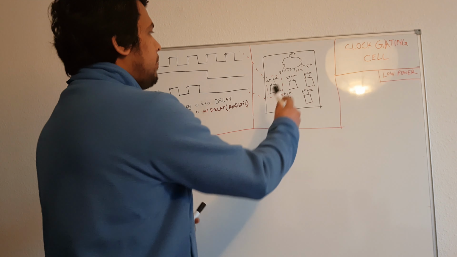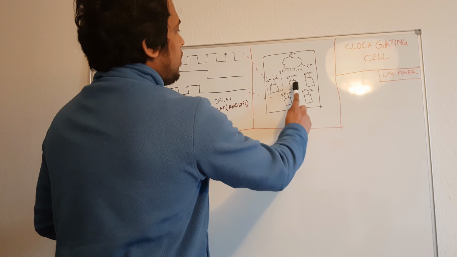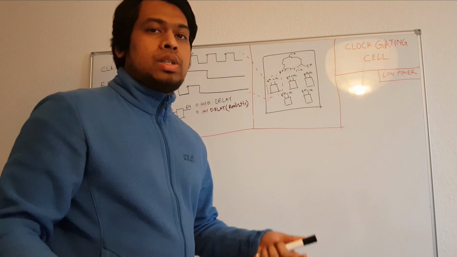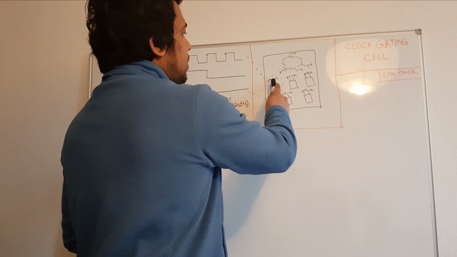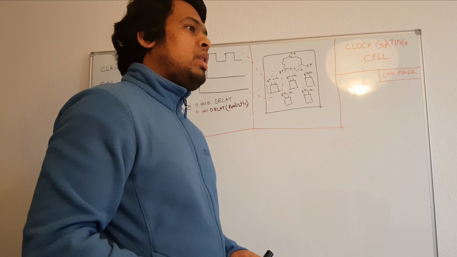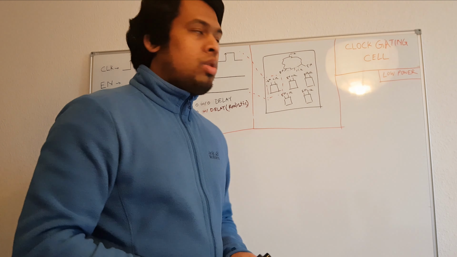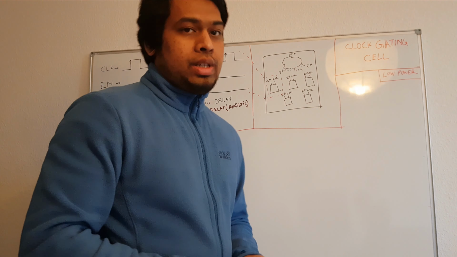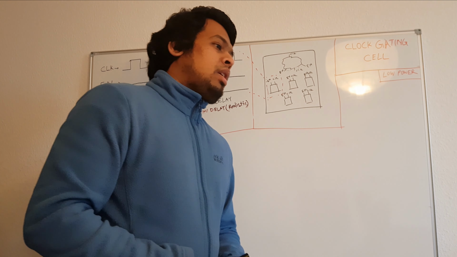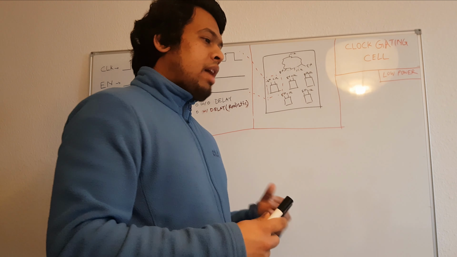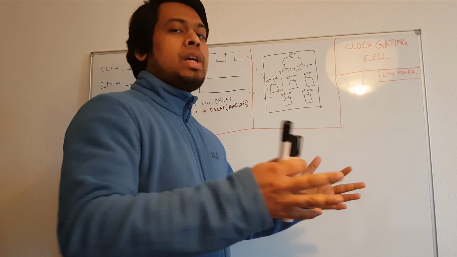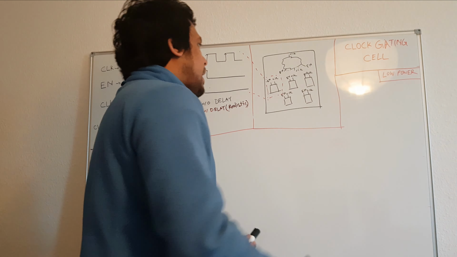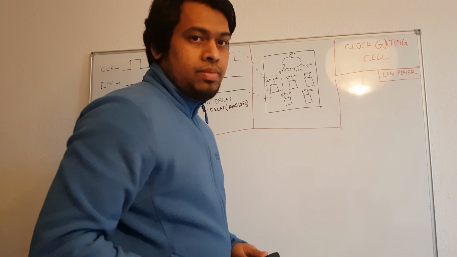You have a whole system with different sub modules, and you only enable the propagation of the clock when a module is activated. So instead of having the same clock propagation for all the modules, you only activate it when it is needed, right?